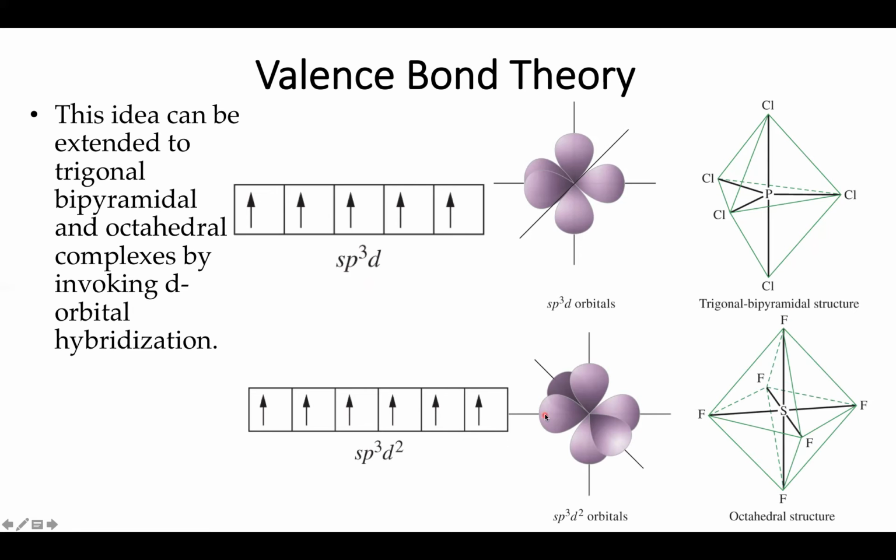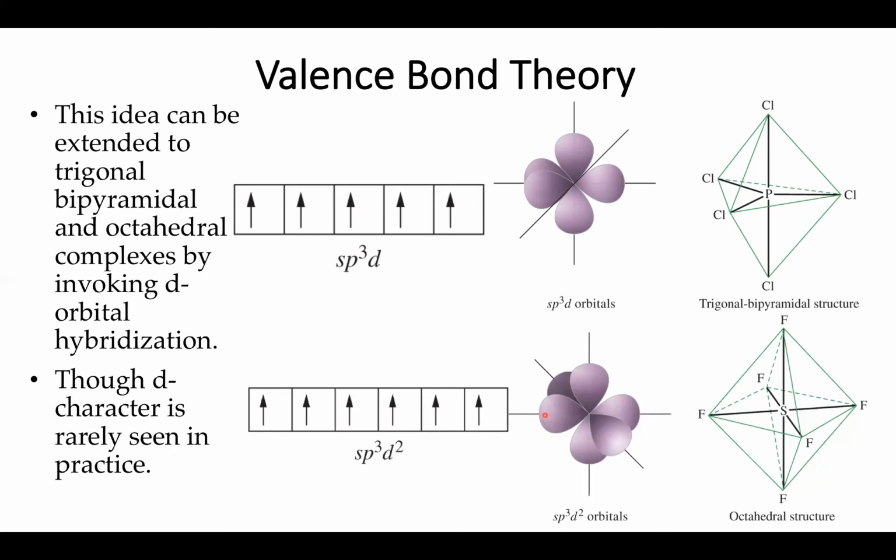However, one of the things that is worth acknowledging is that in practice, we rarely see this d character. And so what's hypothesized, but still not known, is that whatever atom is being coordinated to, in this case, say chlorine or fluorine, they tend to use their orbitals to coordinate to sulfur.